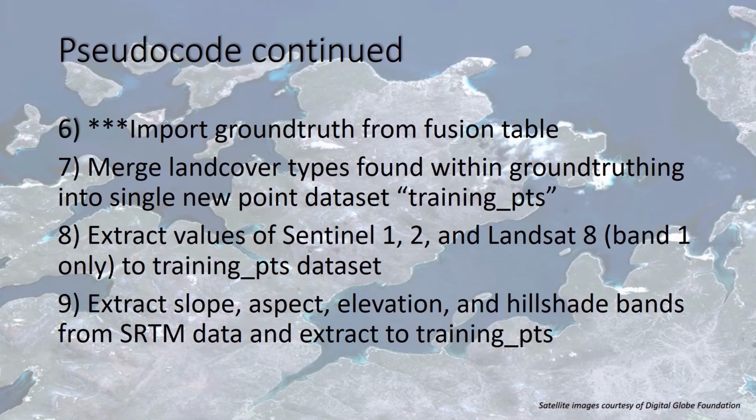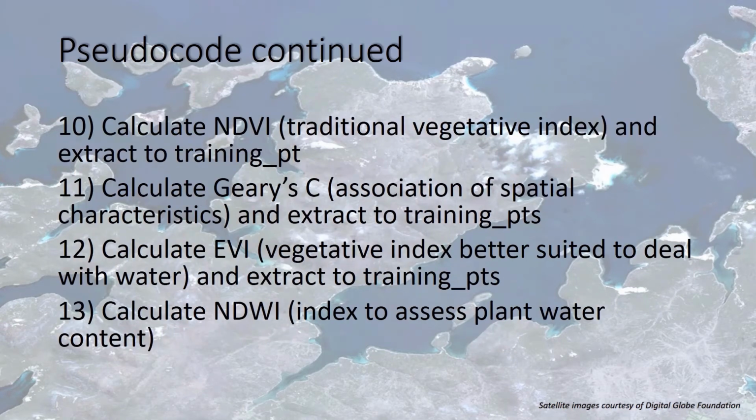Now that we've pulled the basics into this training points data set that we're going to be working with pretty much from here on out, I calculate the NDVI, the same way that you guys did. Then I calculate a few other indices that are like NDVI.